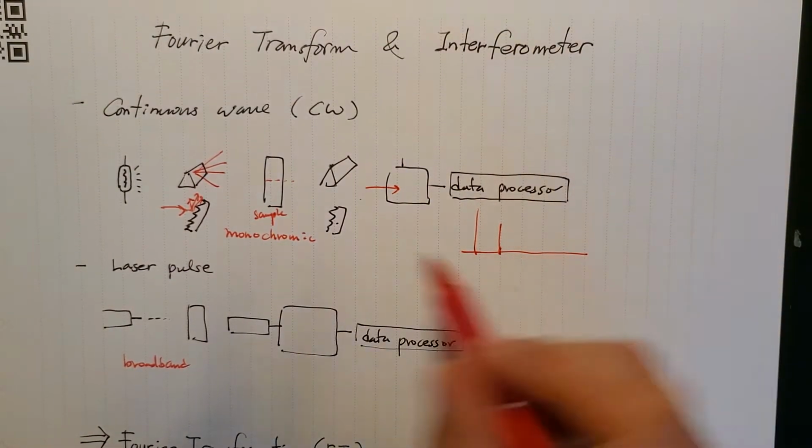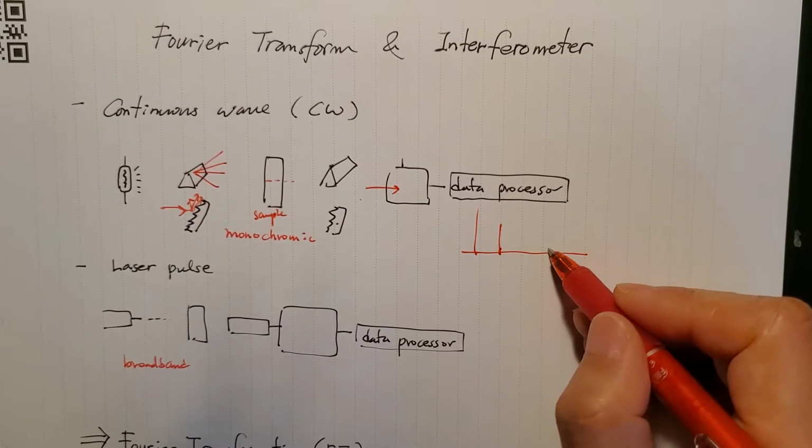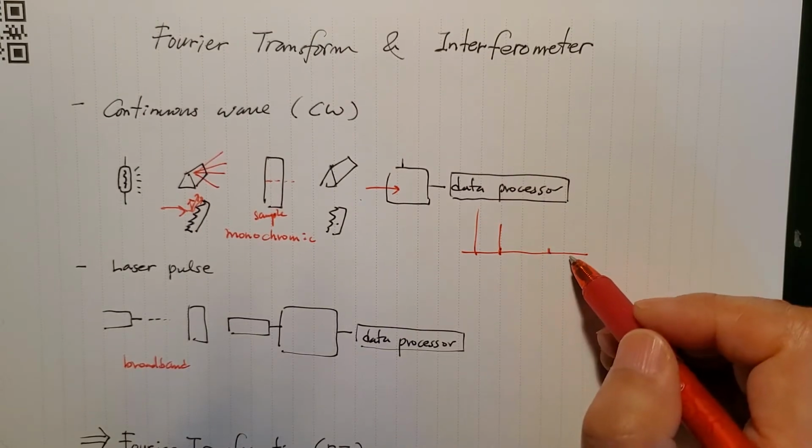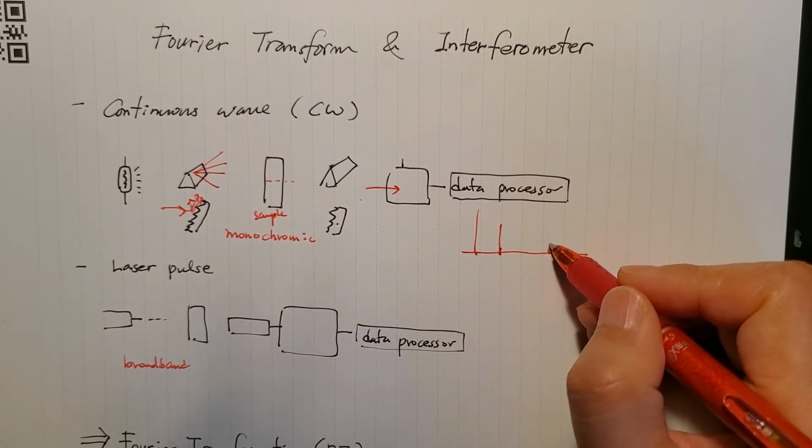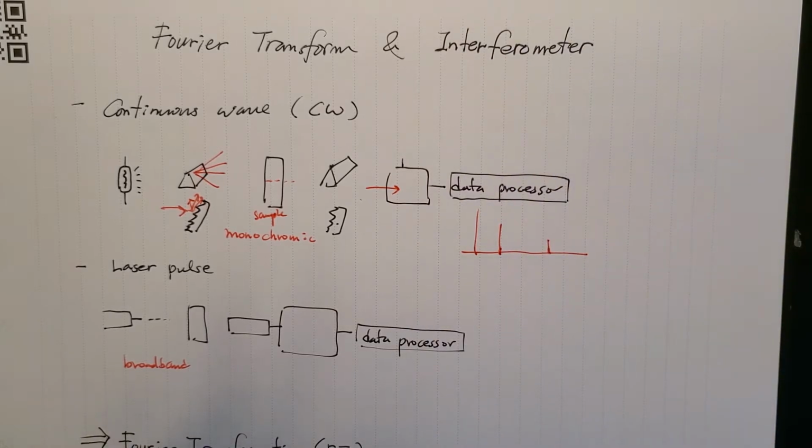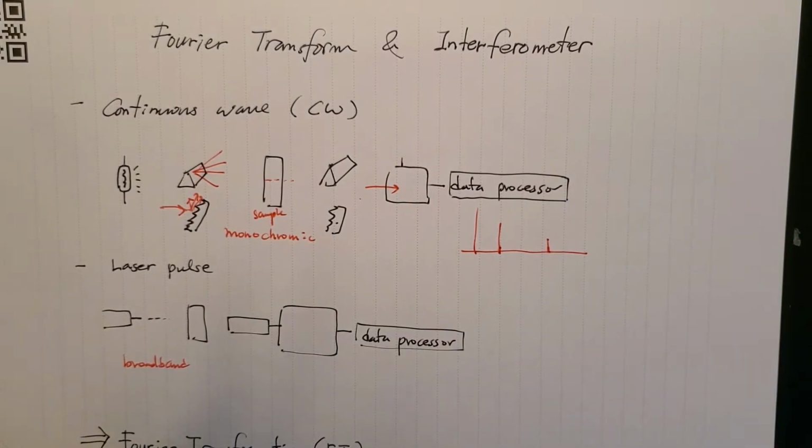Likewise, when they select another frequency after passing through the sample, that wavelength produces this much electricity. And that's how we used to get the spectrum.